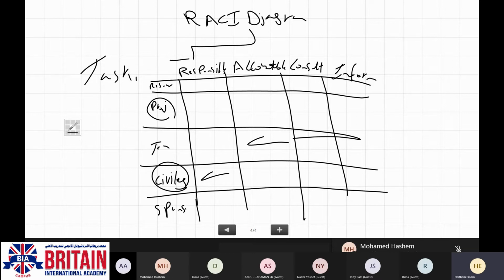Because maybe the site manager or the team leader is not responsible for doing the work, but he is responsible for the correctness of that work. He's responsible for finishing this work according to the time frame or the assigned timeline for this task, according to the cost. So someone is responsible for doing the technical work according to the requirements, and at the end of the day, there is someone who is accountable for ensuring this work matches the required specs.